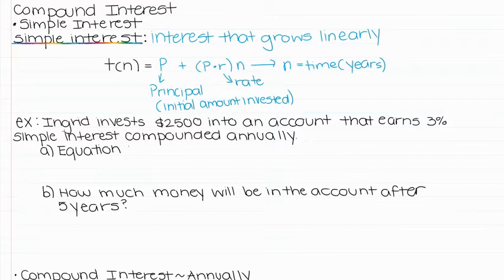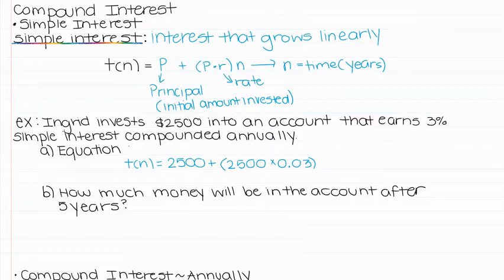So we are going to have T of n equals my principal, which is the initial amount invested, which is $2,500. And then plus, I need to figure out what amount I am adding each year, which is 3% of $2,500. So it's P times R. So my principal is $2,500 times R, which is 0.03.